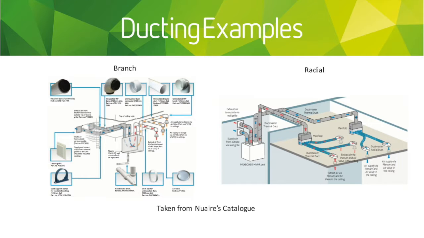If you have the manifold in the bottom left-hand corner of a home, you've got to branch all the way over to the other side, which doesn't really make a really efficient installation. The biggest thing to note with either of those is just to make sure that you keep the supply and exhaust ducts far enough apart.